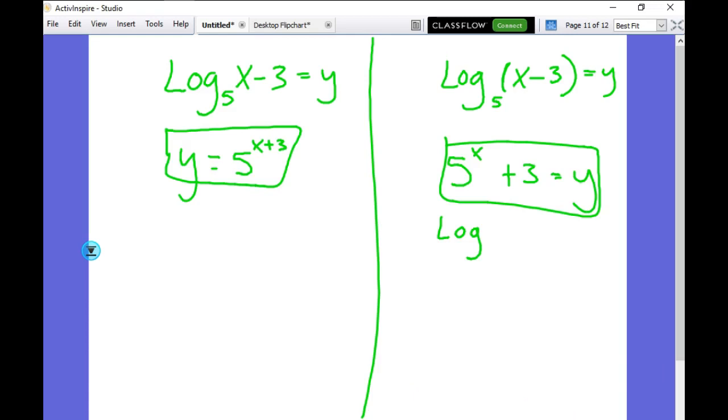On the second one, you're noticing there's no outside numbers, right? So we can start by exponentiating both sides. But first we switch x and y, right? So let's go ahead and exponentiate. I'm going to do 5. Whereas I think you were working on the one over here, right?